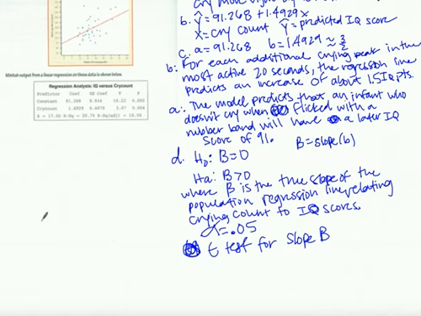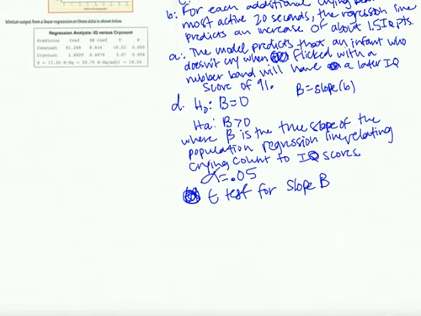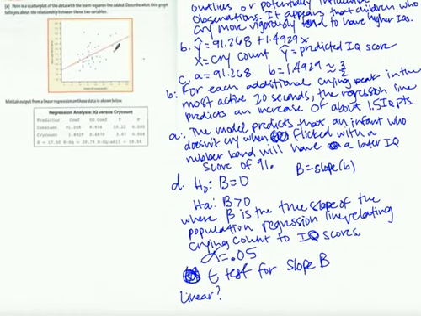So we're going to need to check our conditions. So remember, when we check our conditions, we're doing linear. So if we go back to the scatter plot that was given to us, we talked about the scatter plot a little bit already.